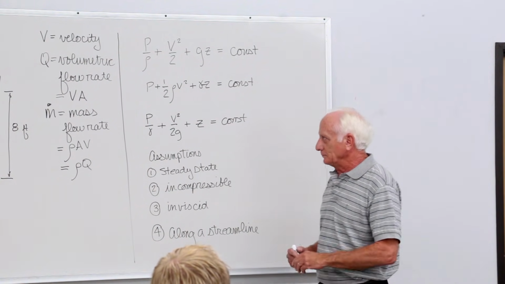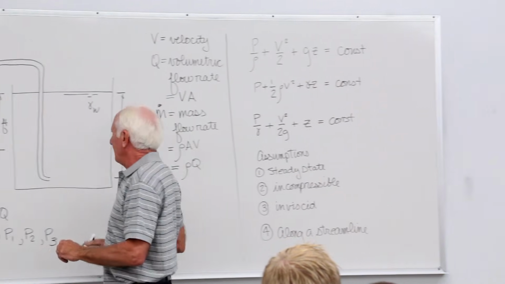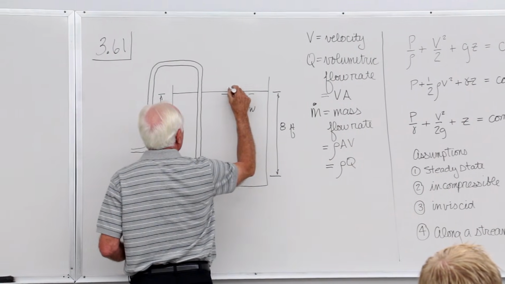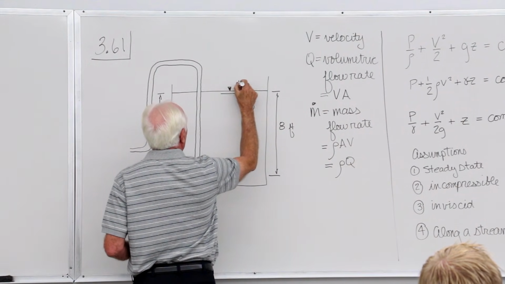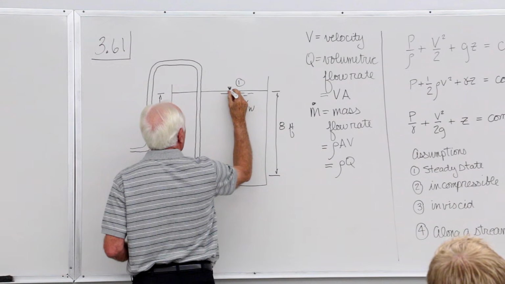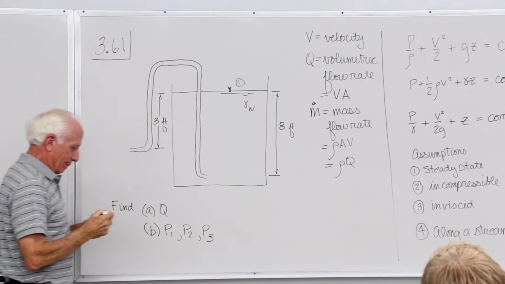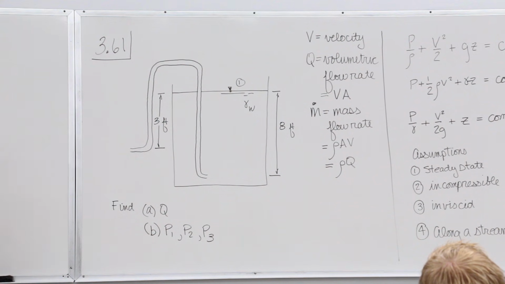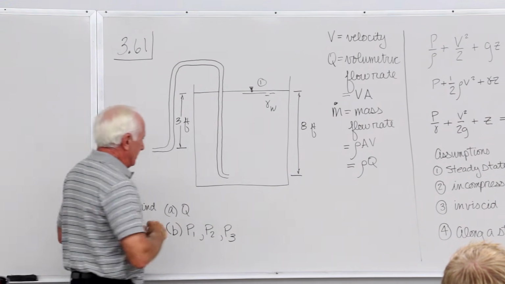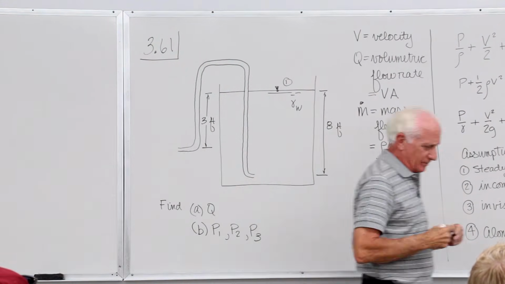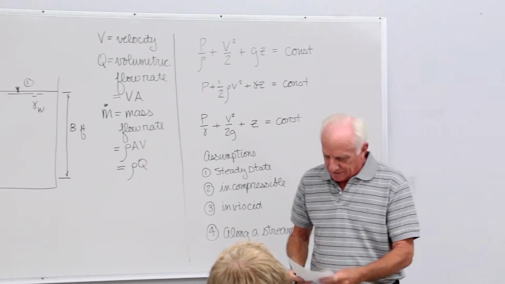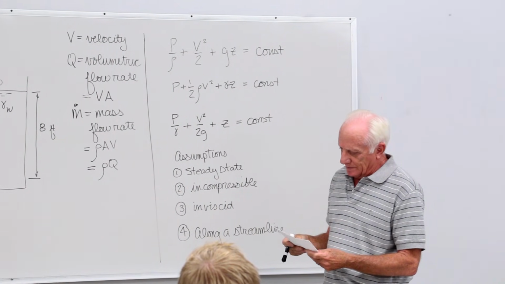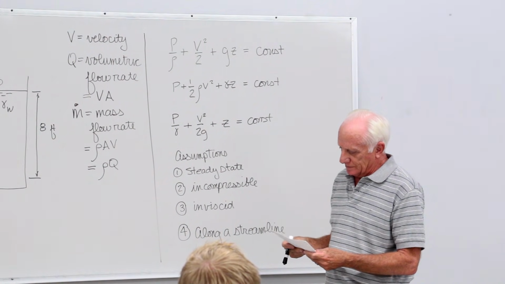Okay, here we go again. I'm going to have to start somewhere. Okay, so I'm going to call that point 1. Now I'll tell you where he put the points. He called that, I don't like that, point 0.